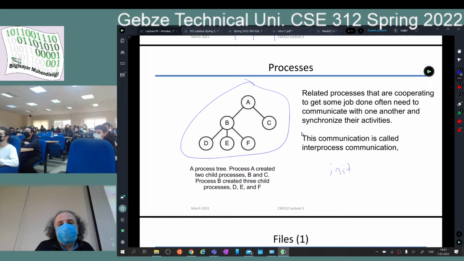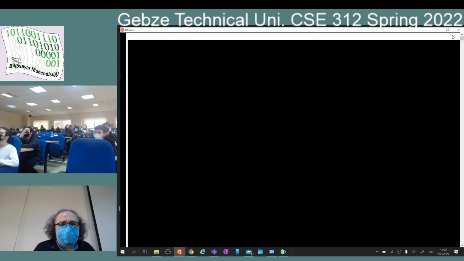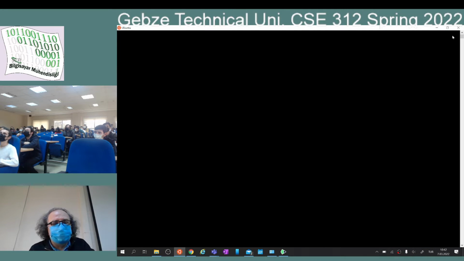Init says that all I am going to do is start this process, and this process starts others, etc. It goes that way. When I start my session as a regular user on Linux, I usually have one process. This will start.